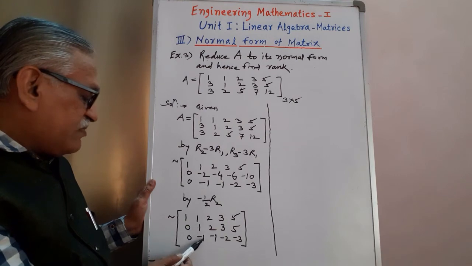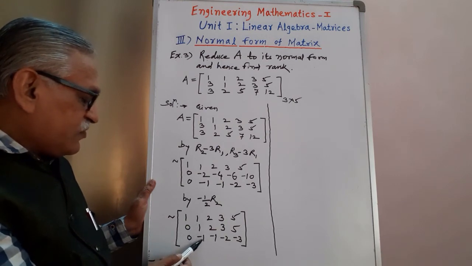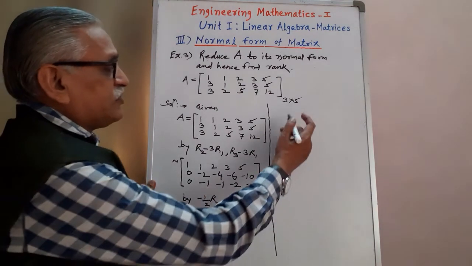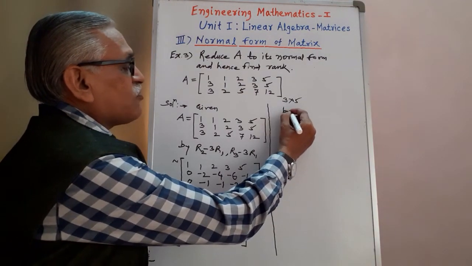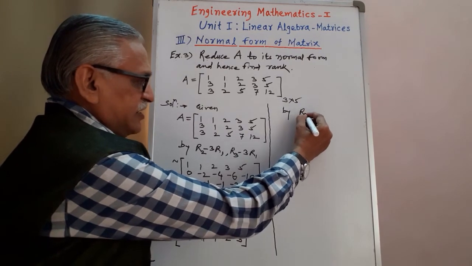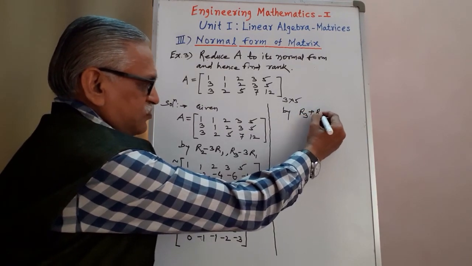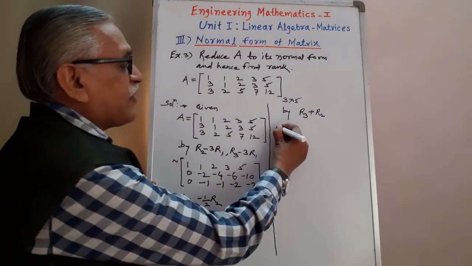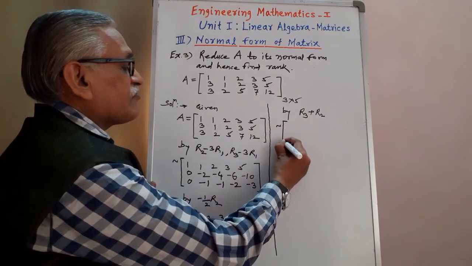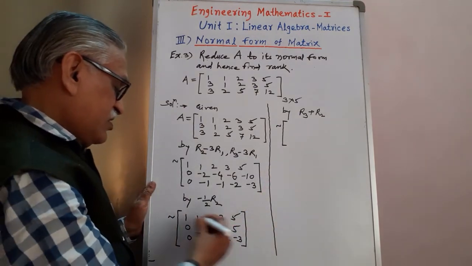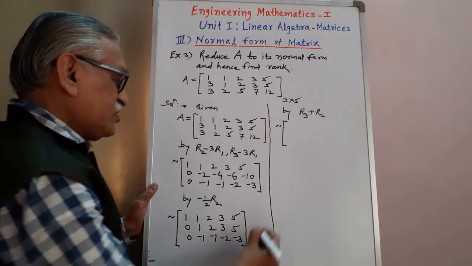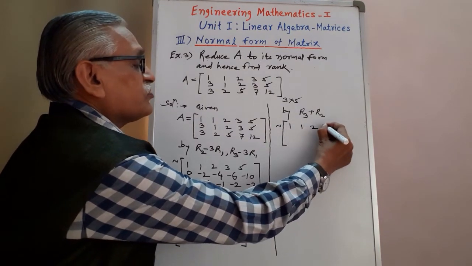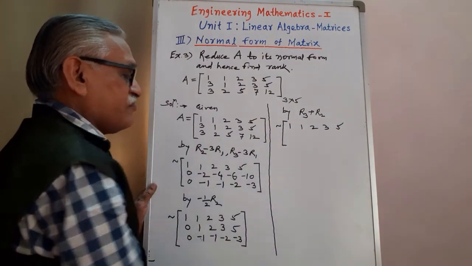Using the second diagonal 1, we try to convert the element below it to 0. Minus 1 plus 1 we get 0. Therefore, the required transformation is R3 plus R2. Minus 1 plus 1 we get 0 here. Applying this, we have the first two rows with no change: 1, 1, 2, 3, 5.